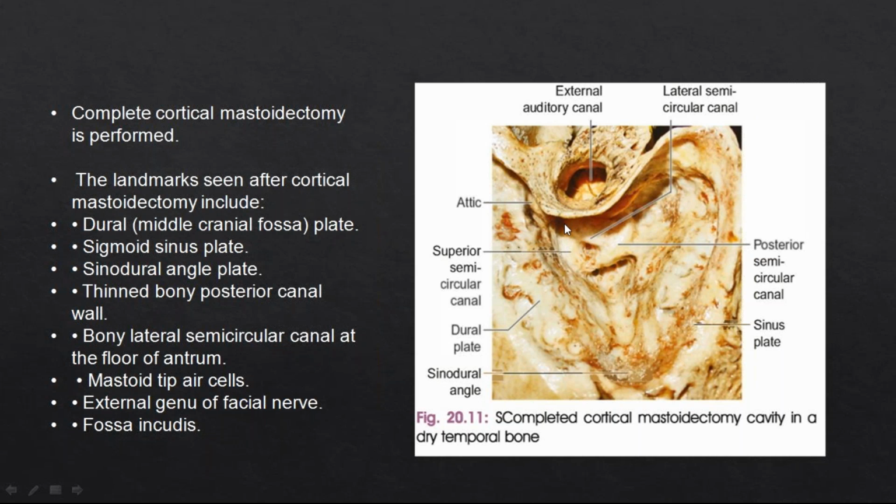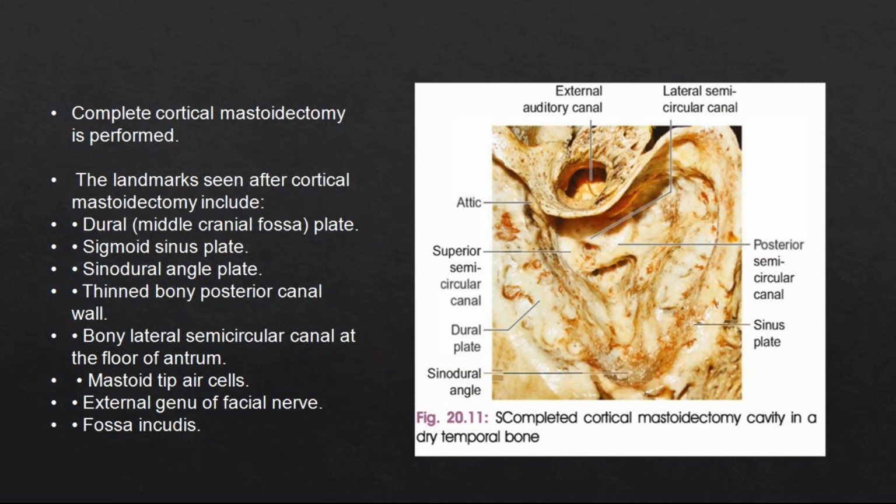Here you will find the aditus ad antrum, and near that, on the floor of the aditus ad antrum, you will find the short process of the incus. The short process of the incus should be preserved if it is not involved by the disease process, because now equal weightage is given to the reconstruction of the hearing mechanism.